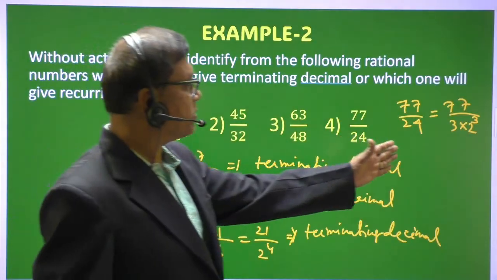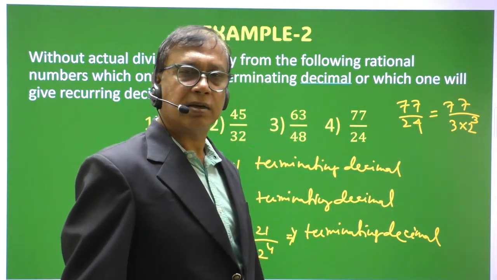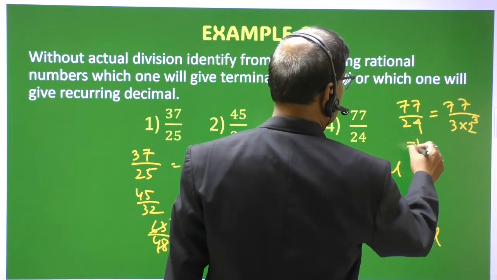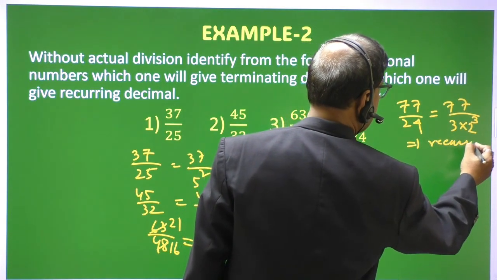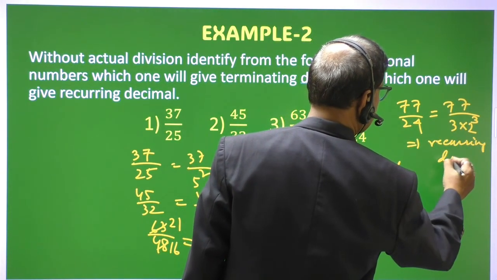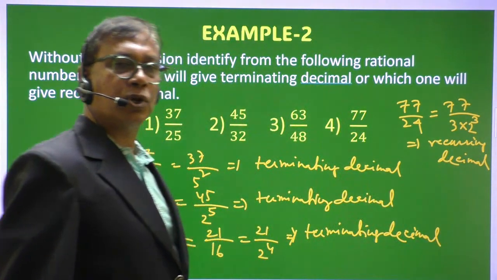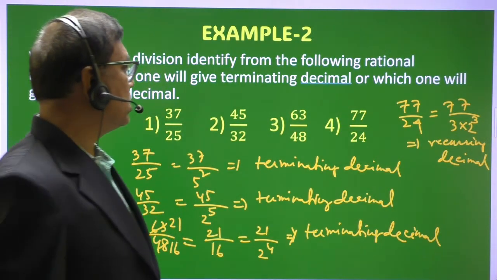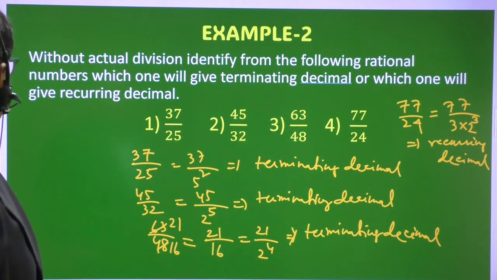So what we are observing here, the denominator contains the prime factor 3. So this implies it will give a recurring decimal, not terminating, because the denominator contains the prime factor 3. Yes. So I think these 4 sums you understood.